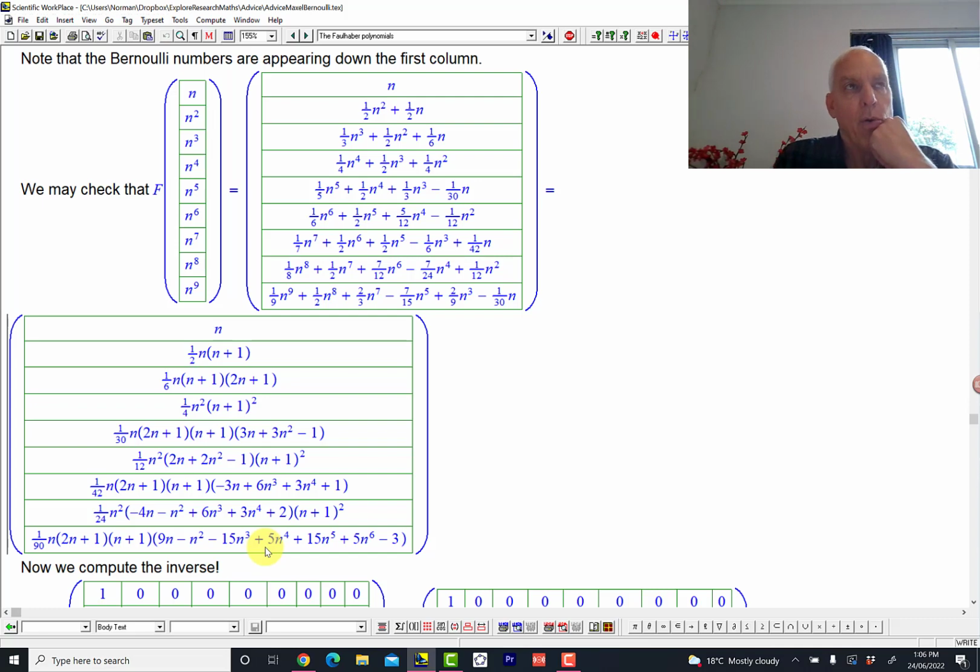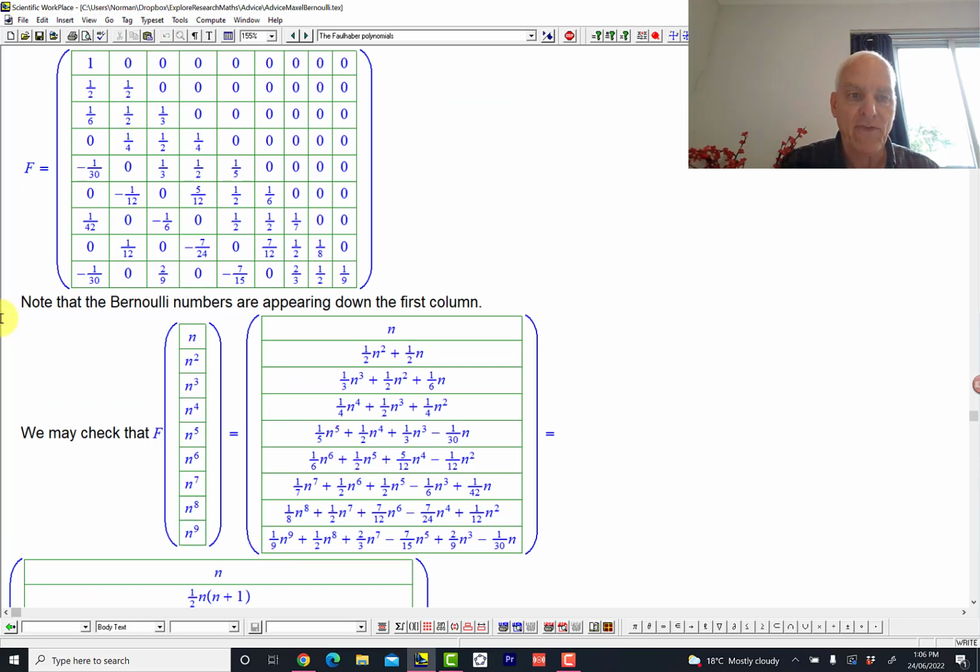Okay, so when we do this kind of thing, what we're aiming to do is to try to utilize the matrix algebra from linear algebra to provide new insight. So we're going to take our matrix F right here, and we're going to take its inverse. This matrix is highly unpredictable because, in particular, there's the highly unpredictable Bernoulli numbers going down that first column.